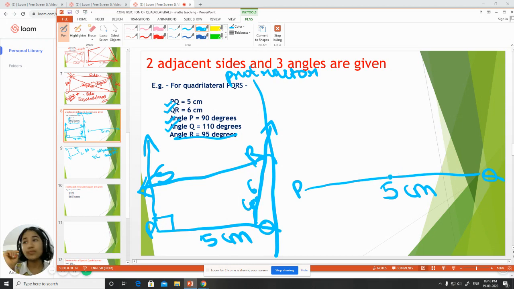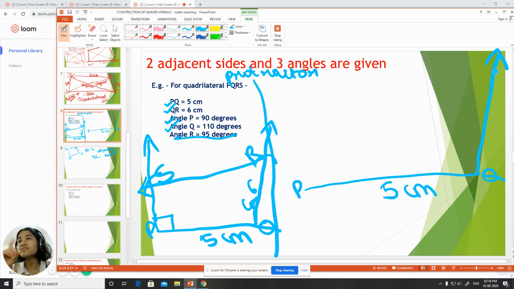Then after that, what should be the next step? See, angle P is 90 degrees, right? QR is 6 centimeters, but how do we know whether QR is going like this or like this or like this? For that we need angle, right? And that angle is given to us. Angle Q, it's clearly mentioned that it's nothing but 110 degrees. So we will draw a line like this and it will extend, okay?